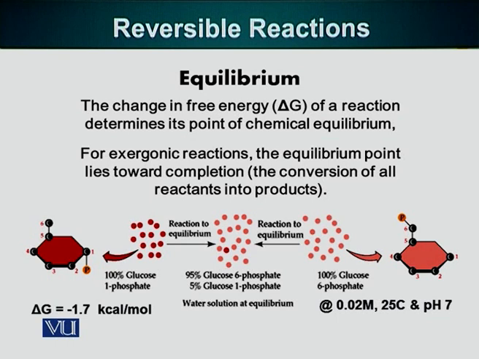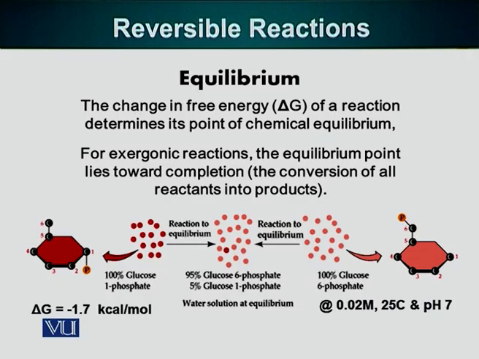The delta G for this reaction is minus 1.7 kilocalories per mole, and this happens at a specific temperature, molarity and pH.